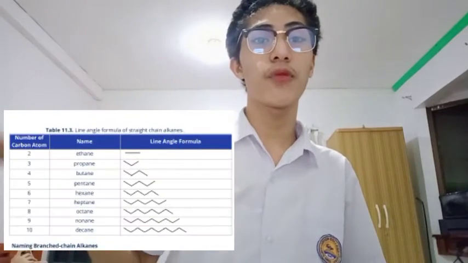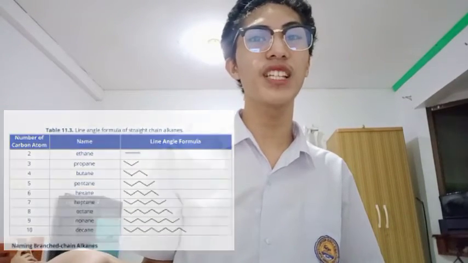Note that in writing skeletal structures, the symbols of carbon and hydrogen are not shown, and all hydrogen atoms bonded to carbon atoms are omitted for the purpose of simplification. The zigzag direction of skeletal structures is distinct as it signifies the valence bond model of each carbon atom. These are examples of the line angle formula of straight chain alkanes.